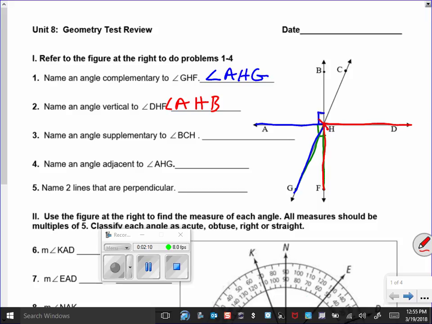All right, name an angle supplementary to BCH. BCH is here. Did I do BCH? That should have been BHC. Somehow that's off. Should have been BHC.